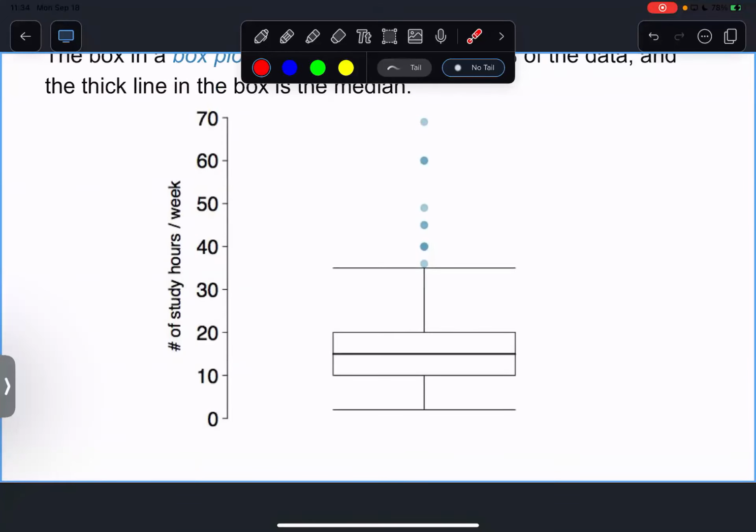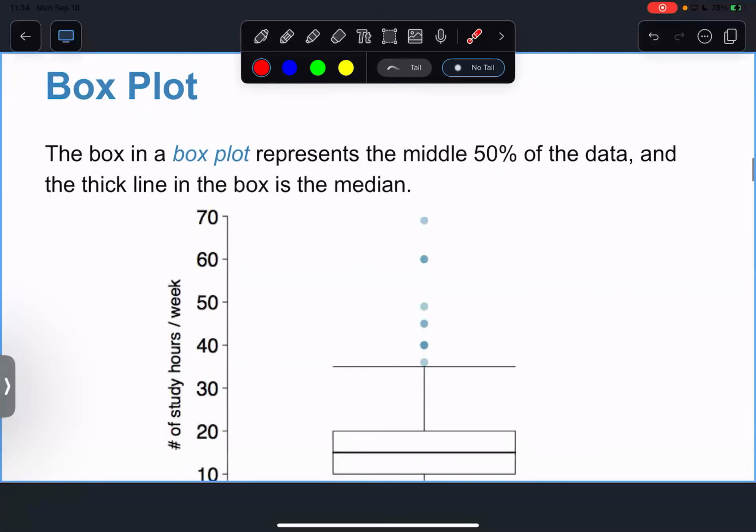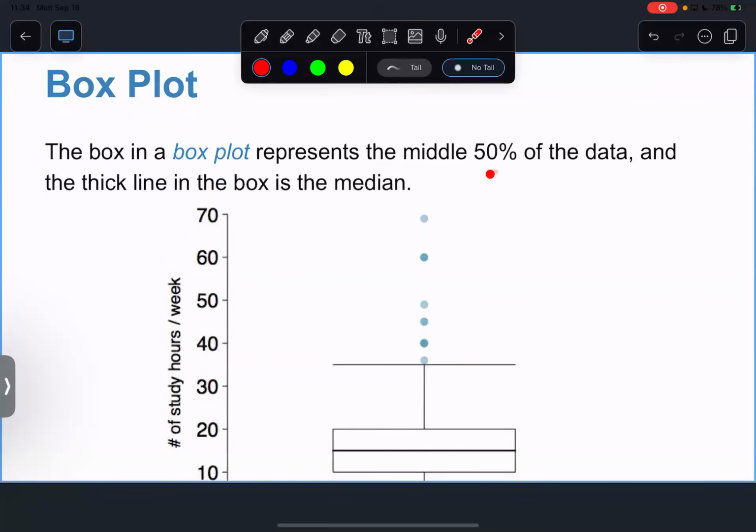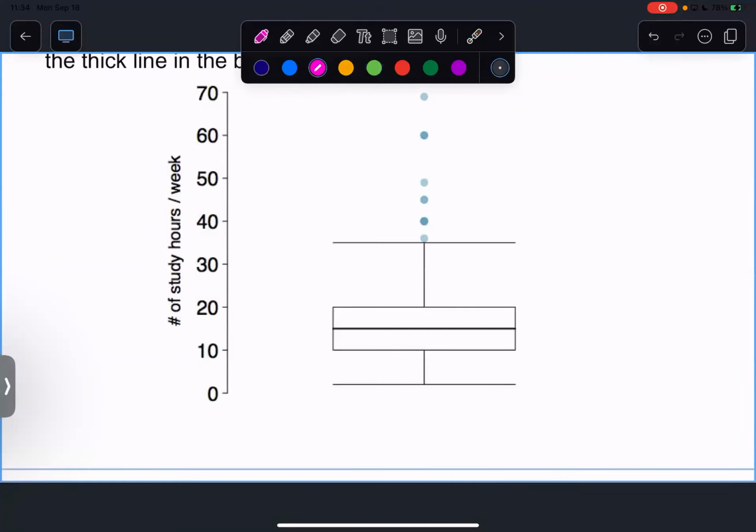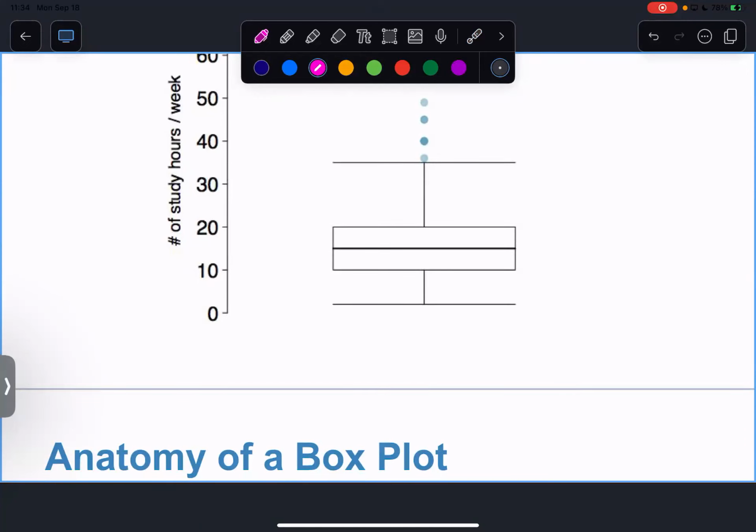Space dependent. That's all. So the box represents the middle 50% of the data. Okay. And so here you have the middle 50% of the data. Starting from the minimum here, right?